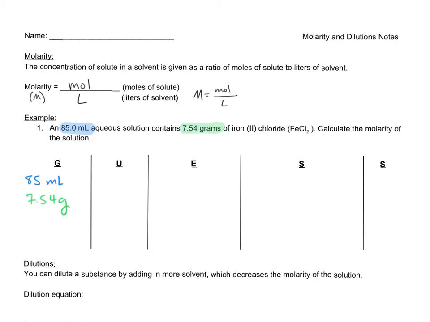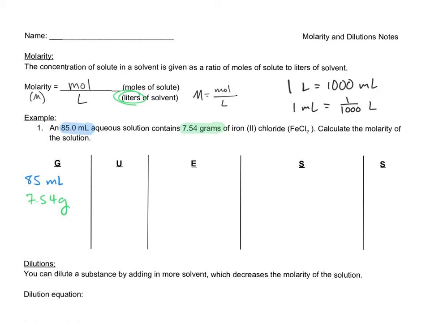All right, so let's look at these and see what variables they should be. Milliliters is not quite what we want. It is a volume, but our volume needs to be in liters. You can get to liters by dividing by 1,000. 1 liter equals 1,000 milliliters, or 1 milliliter equals 1 over 1,000 liters.